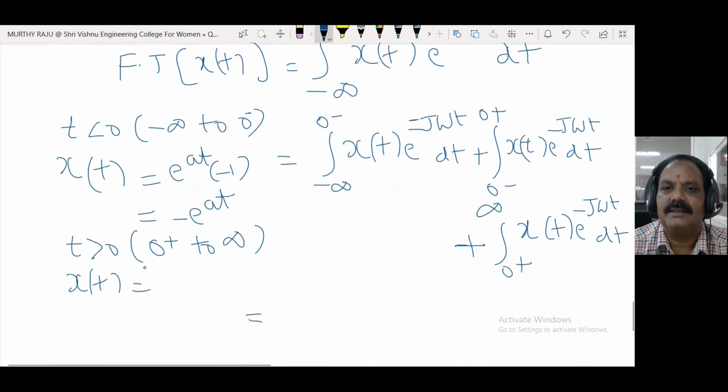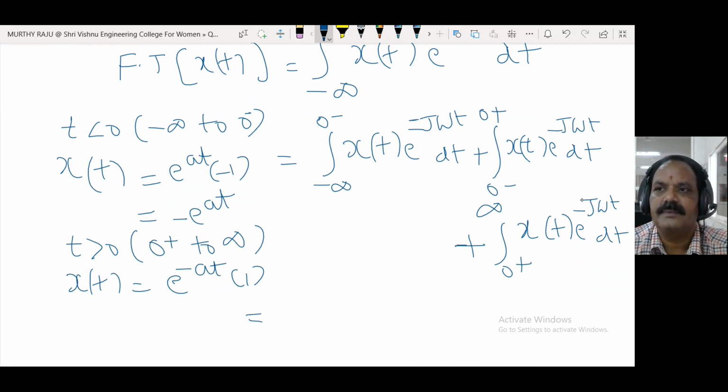That is e power minus a t. At t equal to 0, signum of t is 0. Therefore, the entire interval is 0.